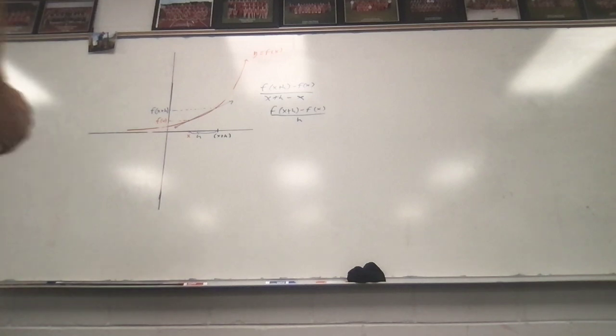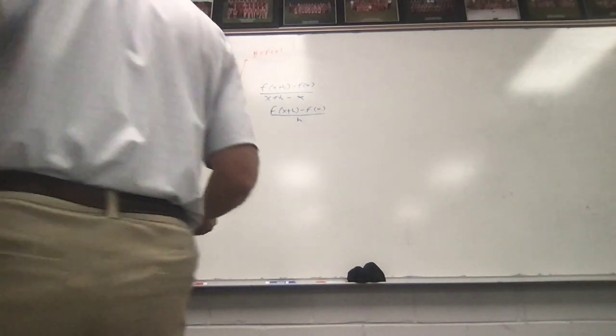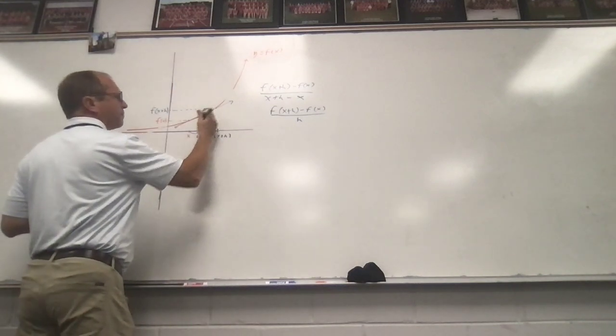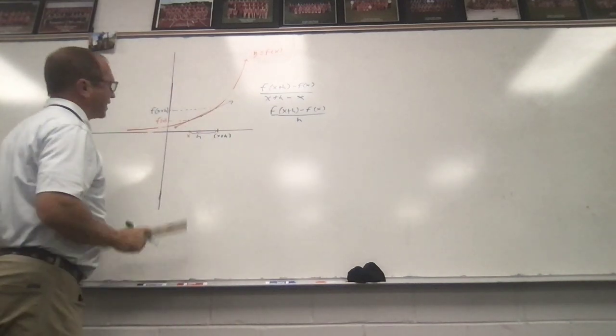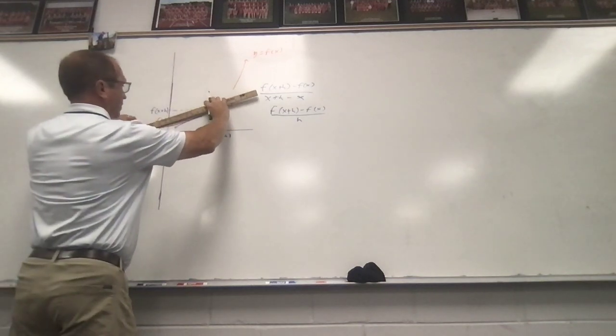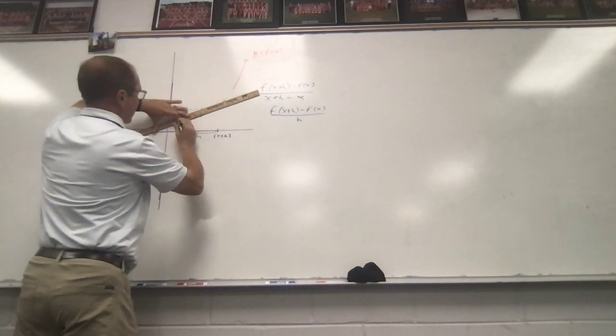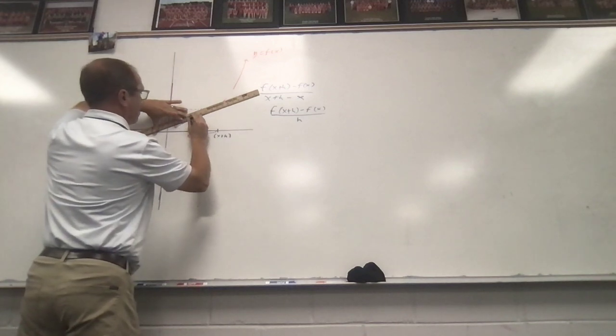I hope the green shows up on the camera. But I'm going to move to right here. And I'm going to draw a tangent line here. And I'm going to connect those points.